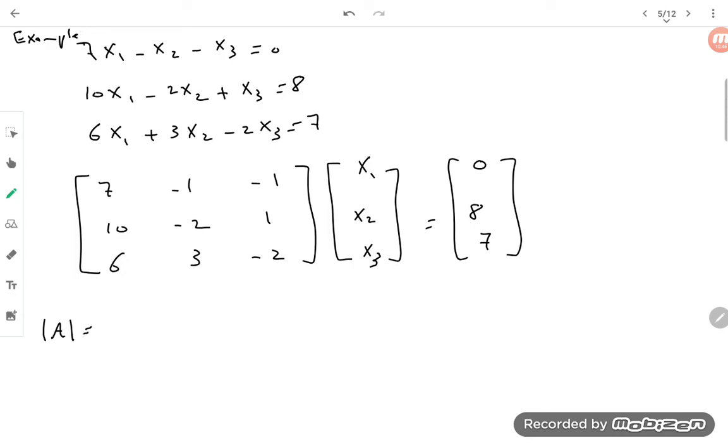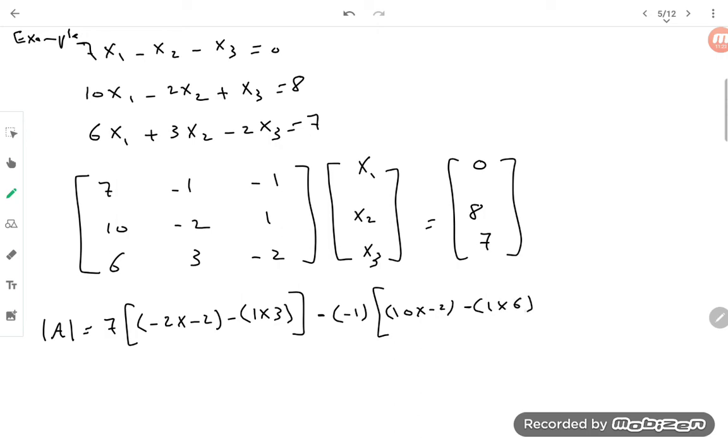The main determinant is calculated as 7 multiplied by (-2 multiplied by -2 minus 1 multiplied by 3), minus -1 multiplied by (10 multiplied by -2 minus 1 multiplied by 6), plus -1 multiplied by (10 multiplied by 3 minus 6 multiplied by -2). So the main determinant is -61.